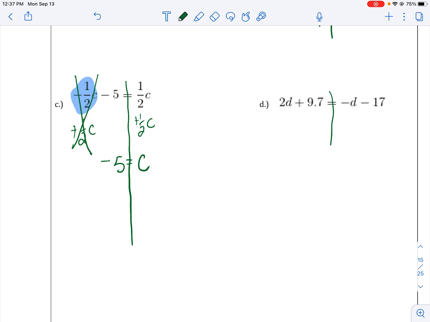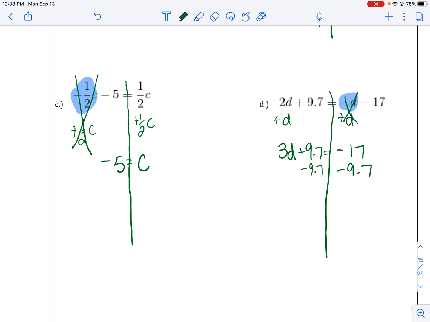And this last one here, our smallest variable is this -1d. So to eliminate -1d, I'm going to add 1d. Now I want to eliminate the constants that are on the same side as my variable.